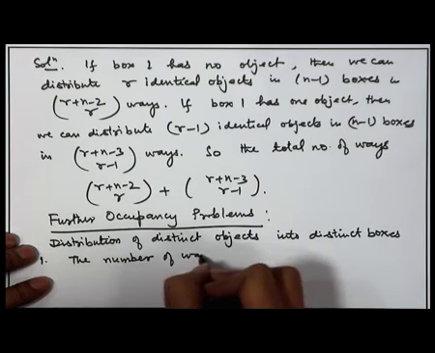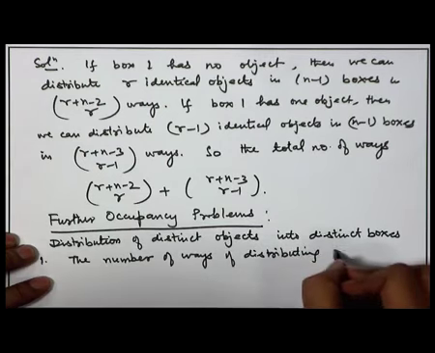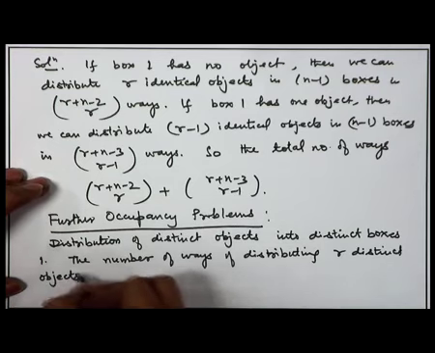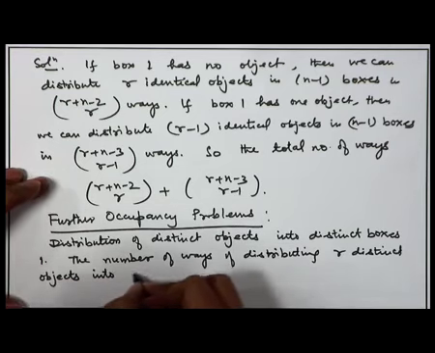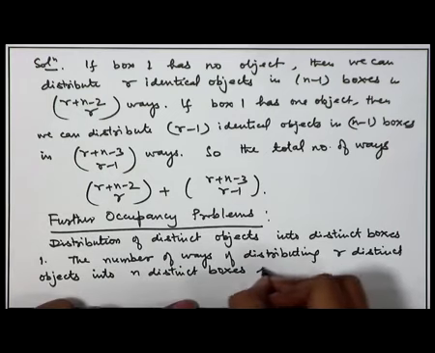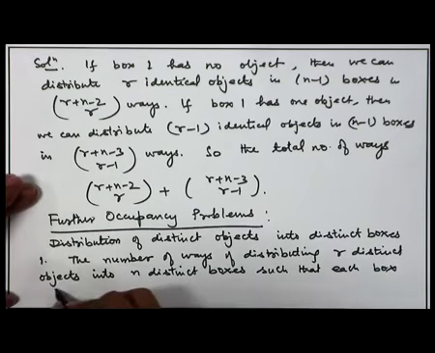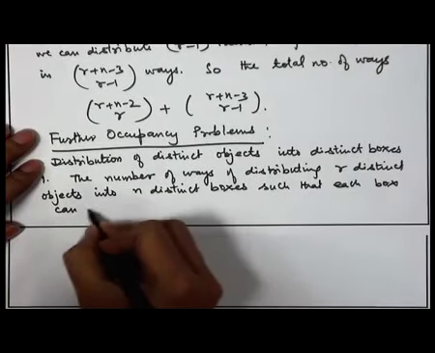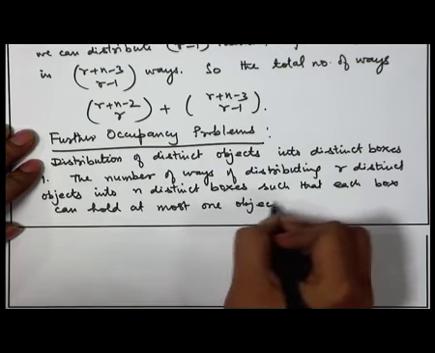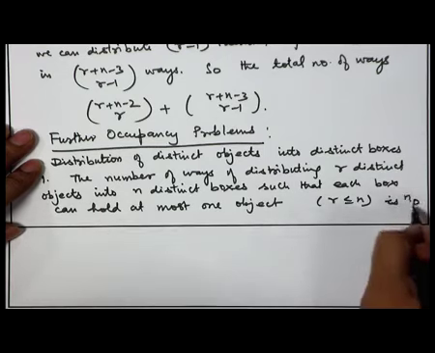The number of ways of distributing r distinct objects into n distinct boxes such that each box can hold at most one object will be nPr.